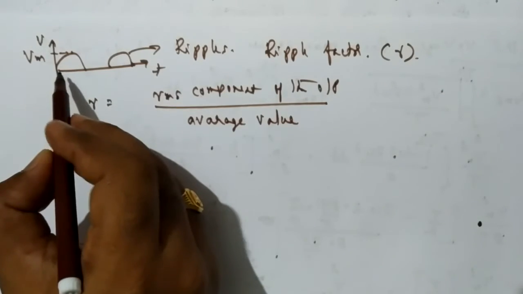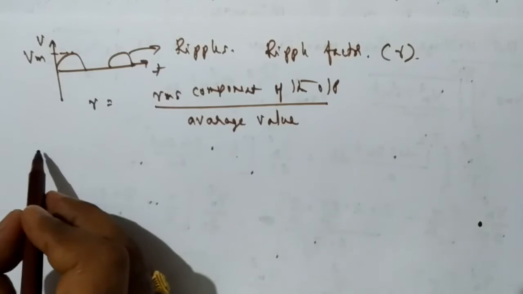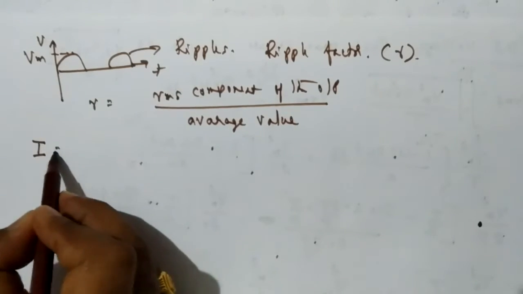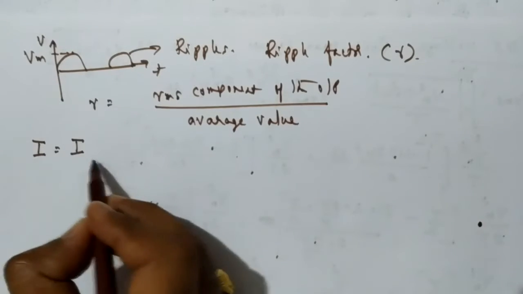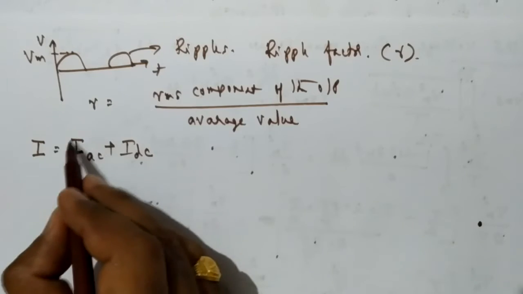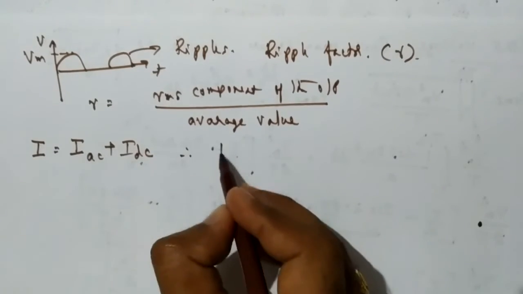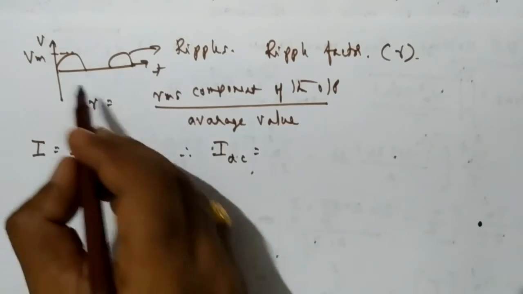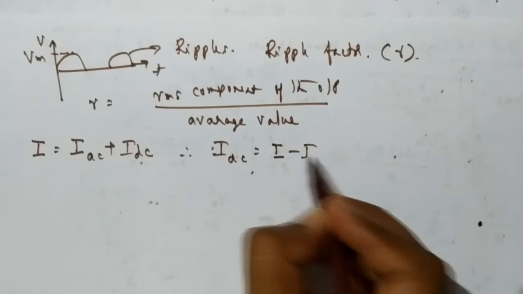Now if you see, this waveform consists of both AC as well as DC. So if I write I, that is the total current, that is equal to IAC plus IDC. Now this is the AC component, this is the DC component, this is the total current. Therefore from this I can write IAC, that is the AC component of the current, is equal to I minus IDC.